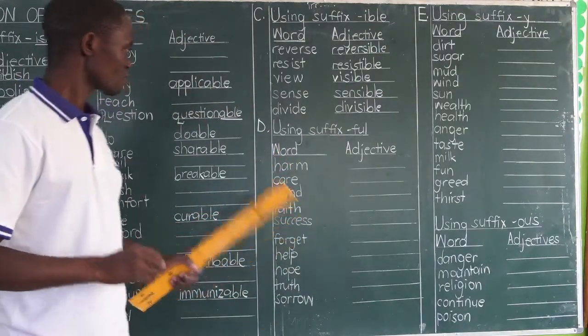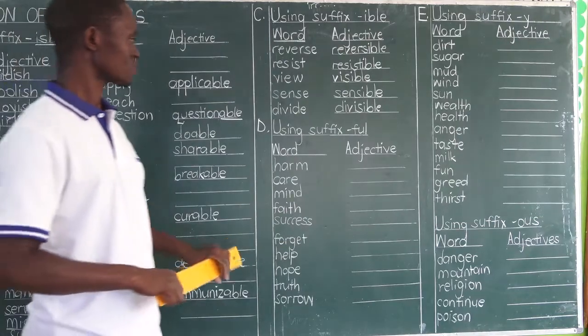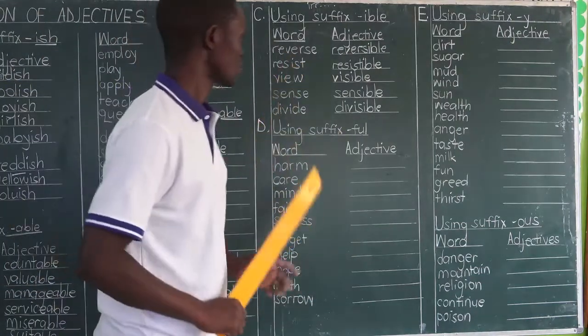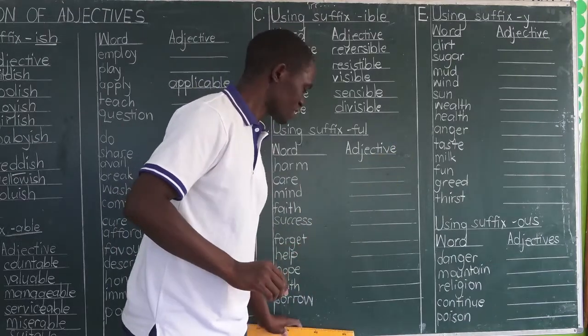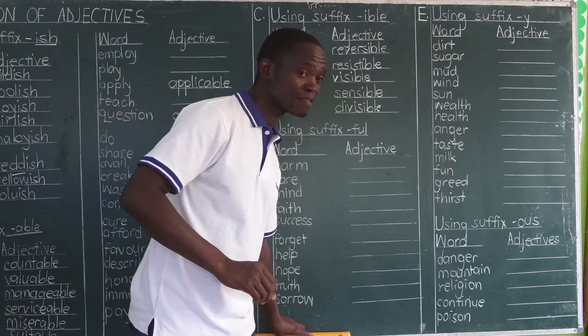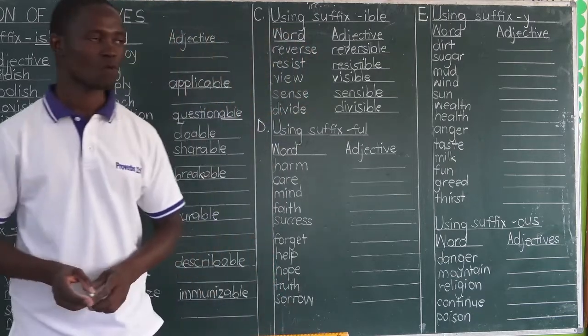Our next category of adjectives are those that are formed using suffix ful. Master this. Right from P5, we've had challenges where children write the suffix ful as full, like the adjective full. Danger.